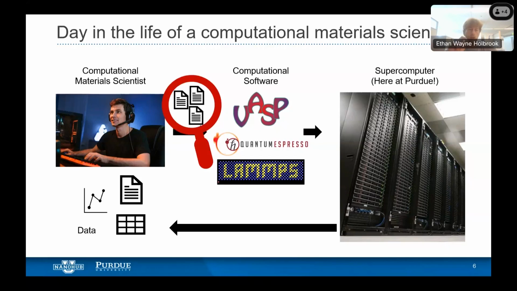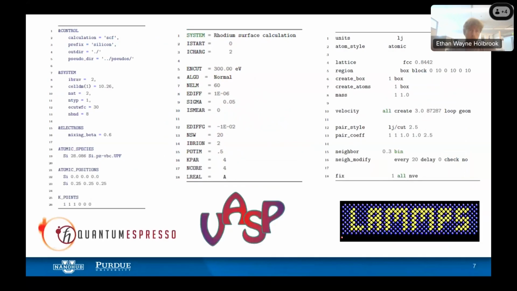And so I want to focus a little bit more. The place that we're going to go deeper is these scripts that we're giving to run the simulation software. So as you can see, these are what the scripts look like. And as you can see, they're complex.